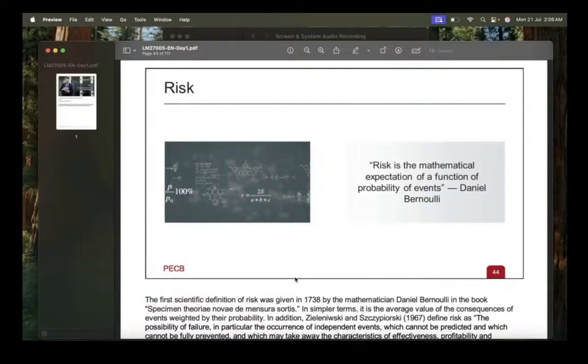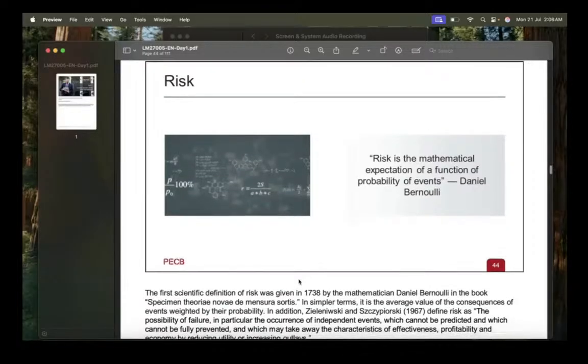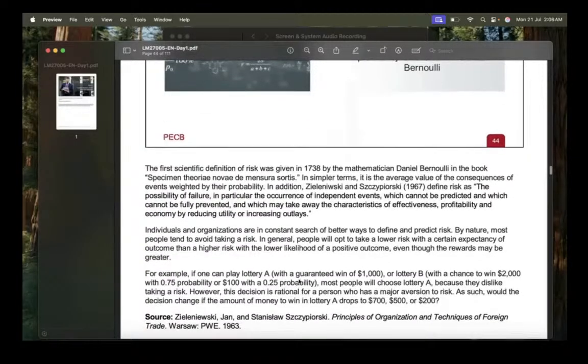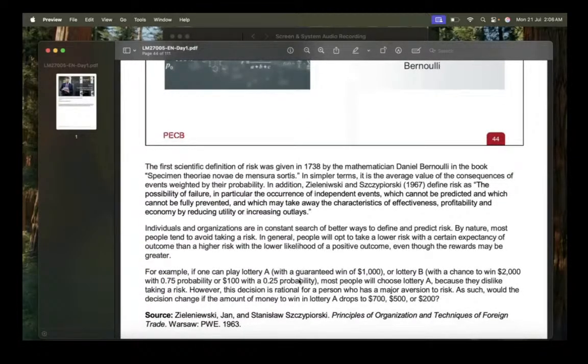So as per the definitions, risk is the mathematical expectation of a function of probability of events, as said by Daniel Bernoulli. Maybe this will help you. There is some deeper knowledge mentioned here about how and when it was given, and in which books.